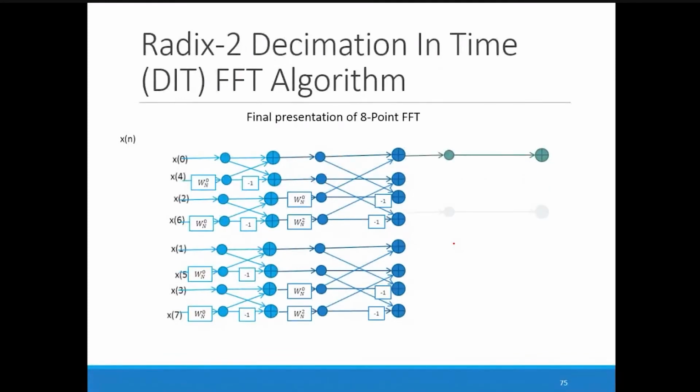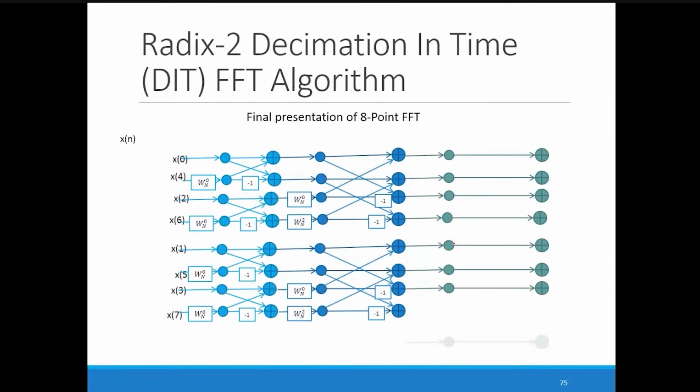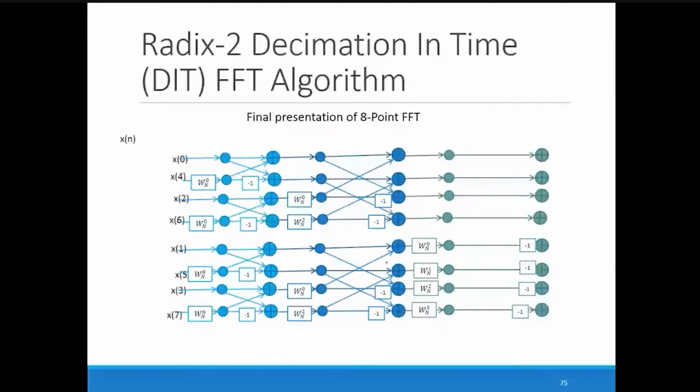Now we are applying the final one, the 8-point DFT stage. These are the first 4, and these are the remaining 4 lines. Initially, we take omega n 0, omega n 1, omega n 3. Here we take the data directly, but here we have to apply the twiddle factor, and after this we apply the minus sign as we already discussed.